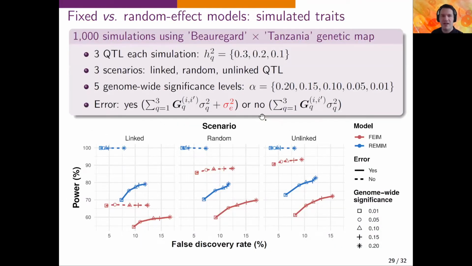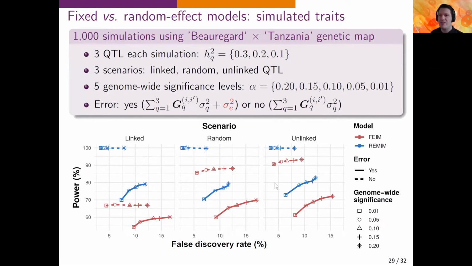Now, just to end this section, we've decided to run some simulations to compare fixed effect and random effect models. And I have to say that this fixed effect is just the interval mapping model, right? It's not the composite interval mapping. And we call it FEIM, fixed effect interval mapping, as opposed to random effect multiple interval mapping.